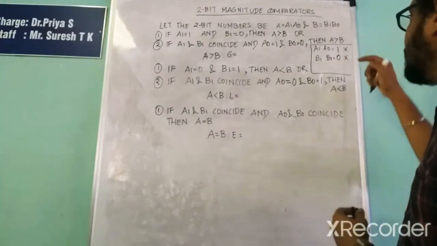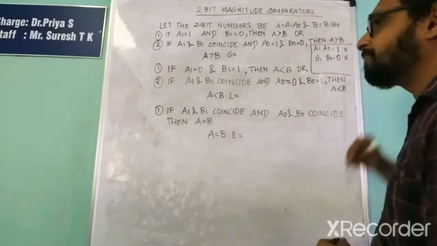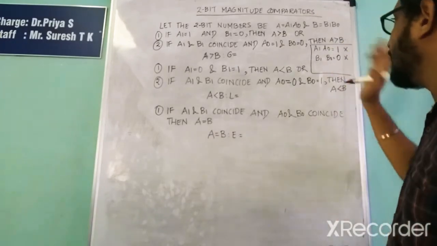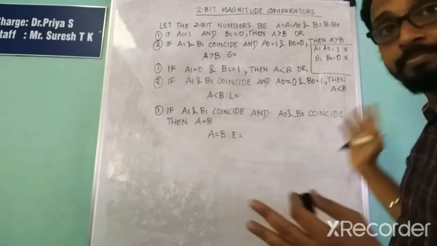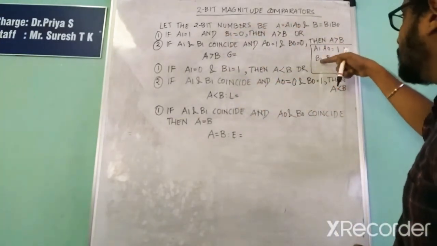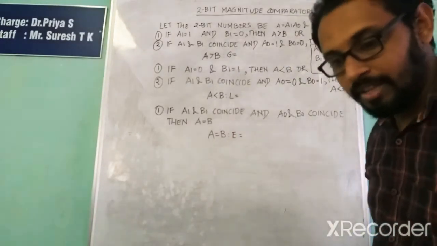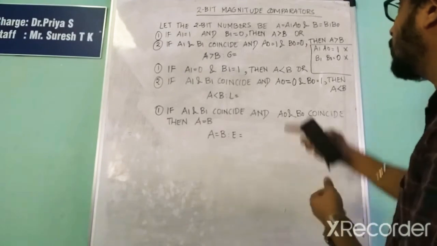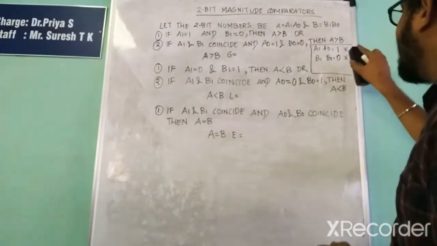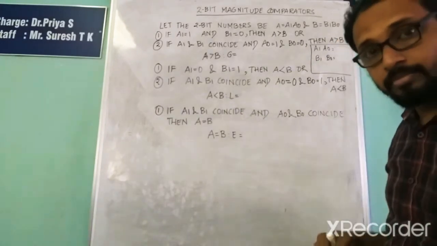When we compare the MSB and this is 1, we can say that definitely A is greater than B. So we write: if A1 is 1 and B1 is 0, then A is greater than B, obviously.